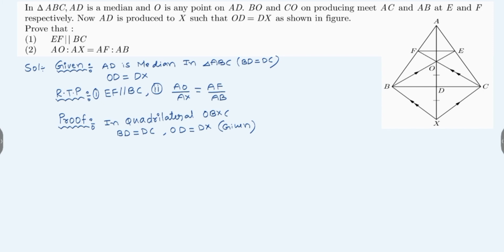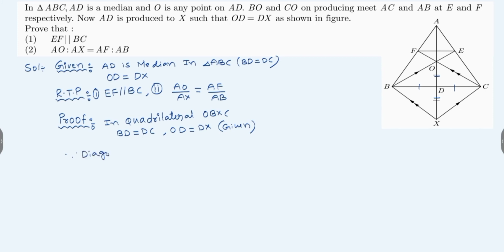Now if you observe, just now we discussed, OD is equal to DX and BD is equal to DC. That means diagonals of a quadrilateral are bisecting each other. Let's write it in the solution.